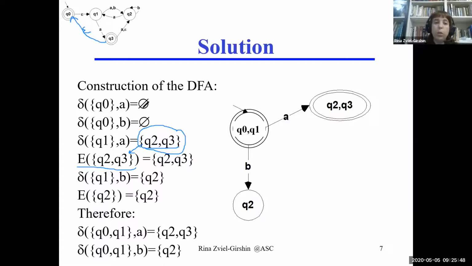So that's why I'm doing epsilon closure for Q2, Q3. Okay, we continue. Let's continue with the state Q2. For the state Q2, you have to define once again where you move with A and with B. And after moving with A and with B, you have to do epsilon closure on the states that you have. The same idea that we did here.